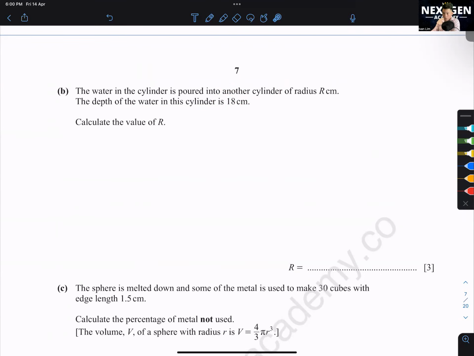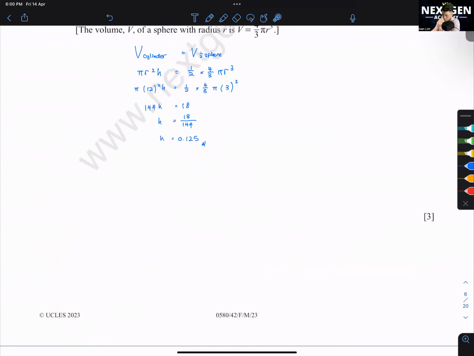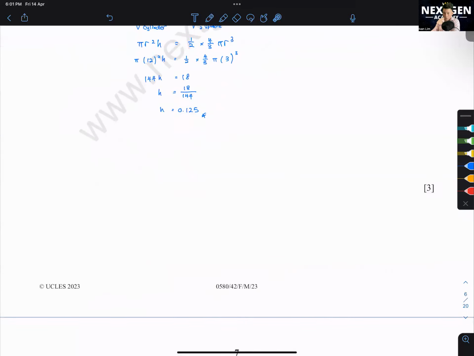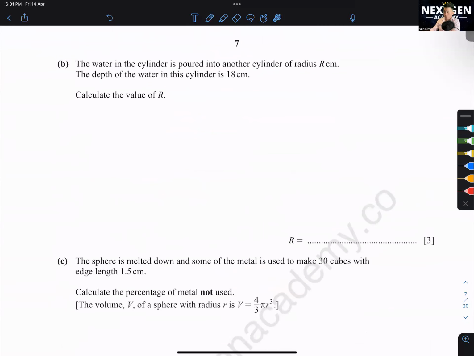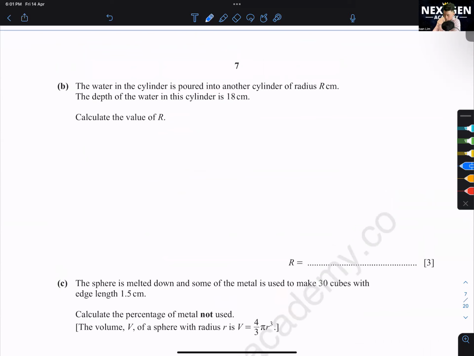Why is it equal? What do you mean, why is it equal? We draw it out, if you cannot imagine this. So I have this sphere, sorry, not sphere, I have this cylinder. I pour into here.